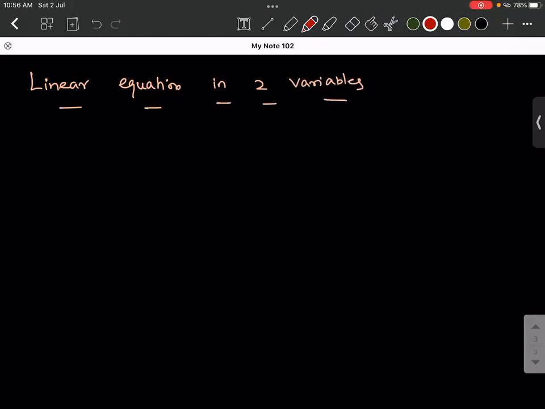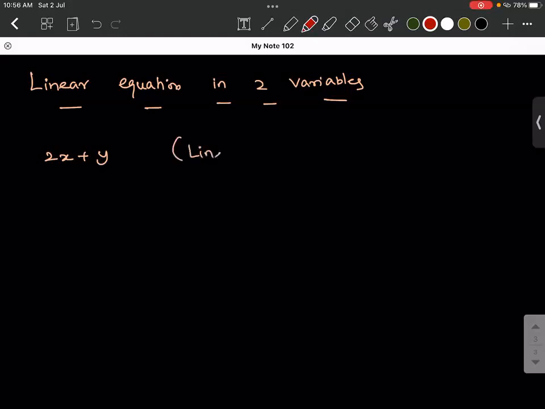So when we talk about linear equation in two variables, if I have an equation like this, 2x plus y is equal to 5. Let's say I have an expression like this, 2x plus y. Then what do you call this?